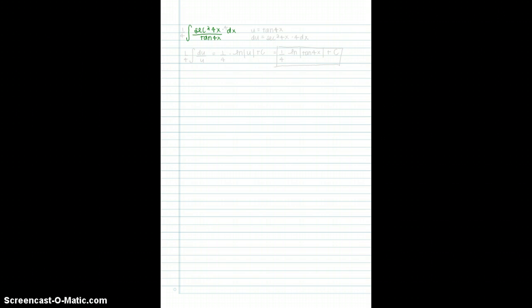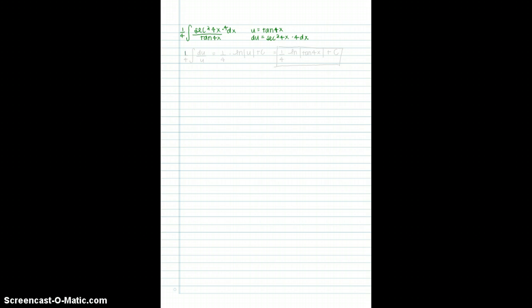U is going to be equal to the tangent of 4x, and du will be secant squared of 4x times 4 dx. And so to get du, we have to multiply the original by 4 and then the outside by 1/4.